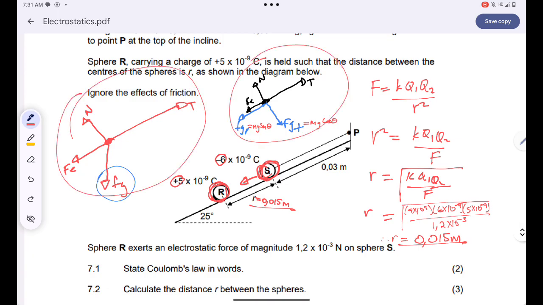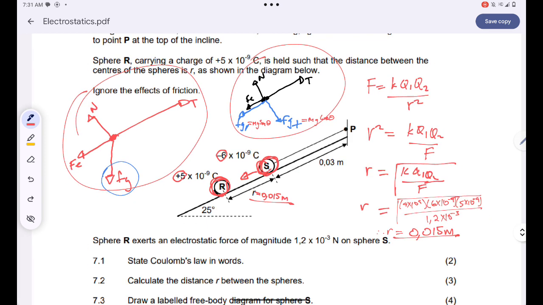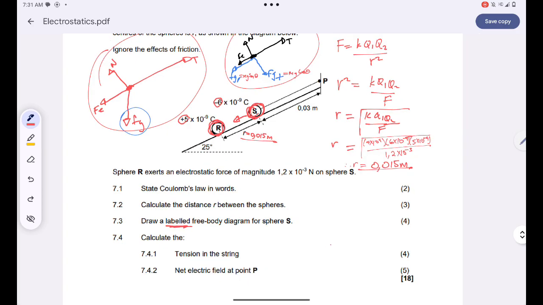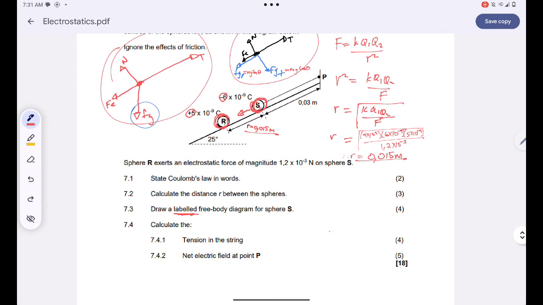But please, guys, you must fully label your forces. Do not draw it like me. Do not just write T. Please do write tension, F gravity, F electrostatics, and then here normal force. Because they said they wanted a labeled free body diagram. Do not leave it like that.